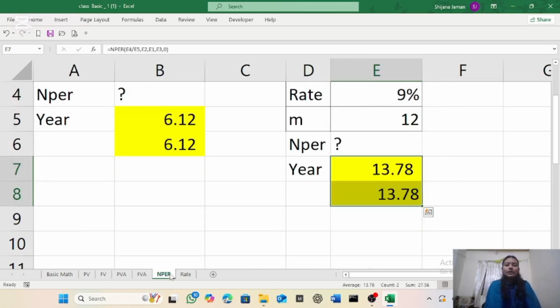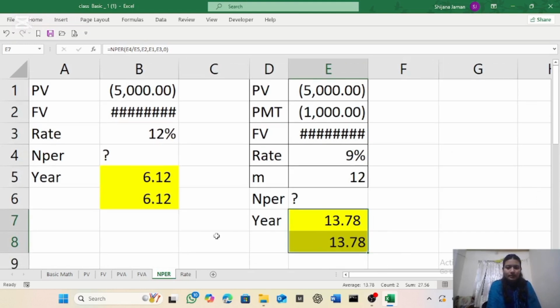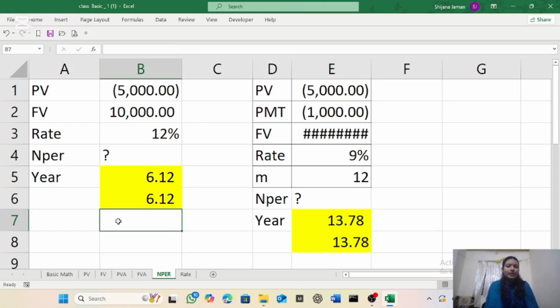Now we are calculating NPER. We zoom out on this. For this project, present value is 5,000 negative figure, future value 10,000 positive figure, rate 12%.